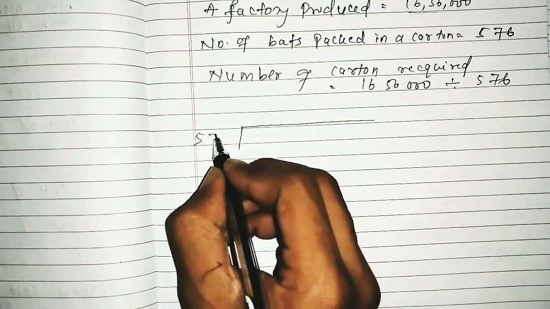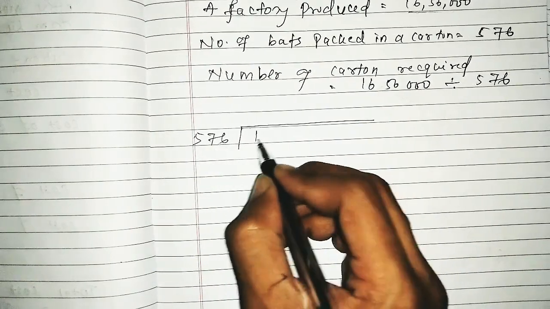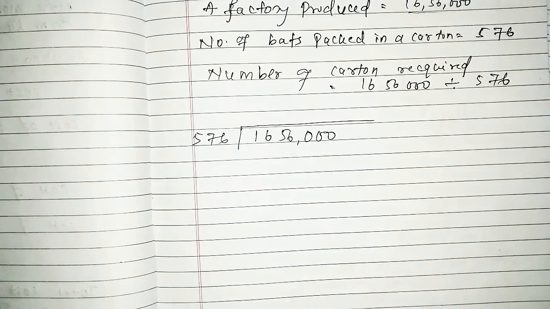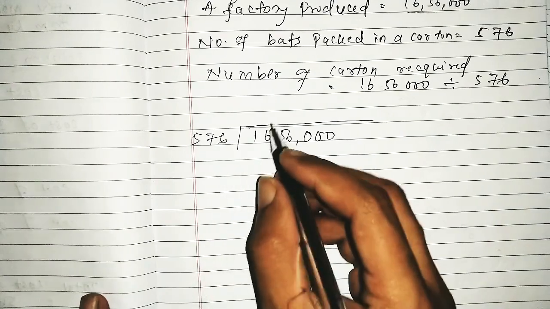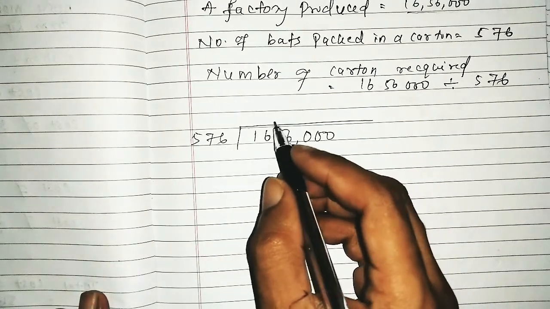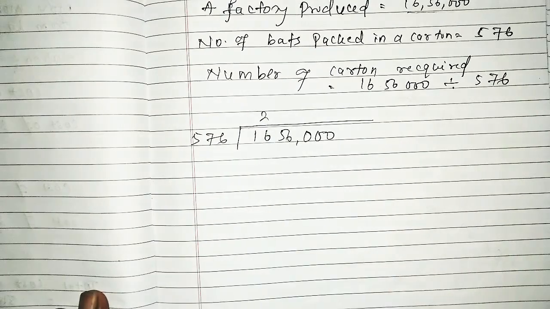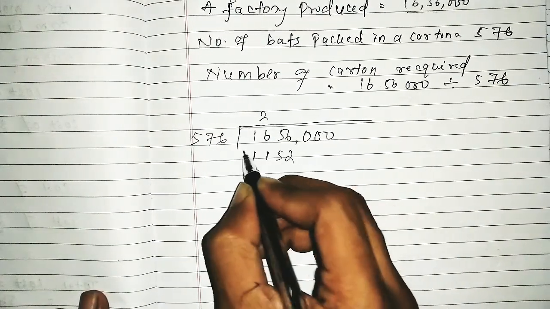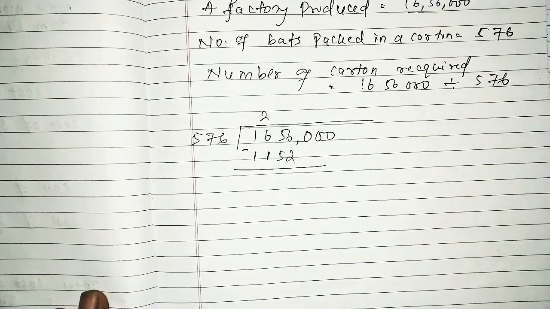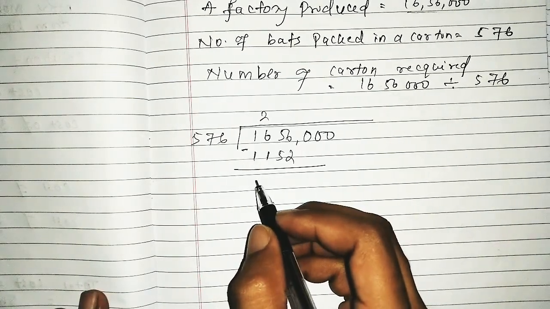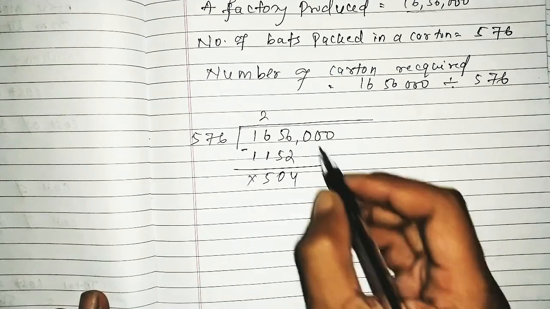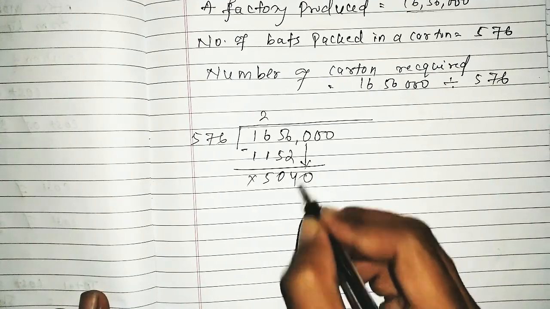Okay, so let's divide. 576 into 16,56,000. Here 2 sums, it is 1,152. Then if you subtract this, what answer will you get? That is 504, and this 0 comes here.